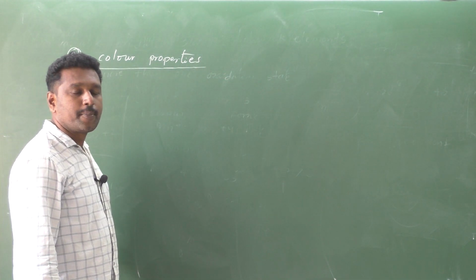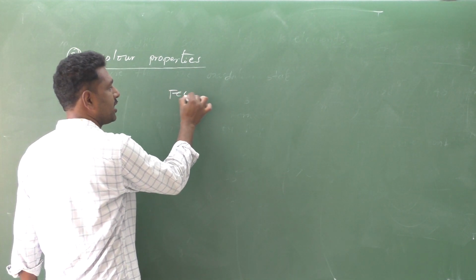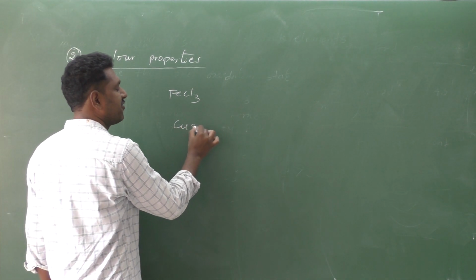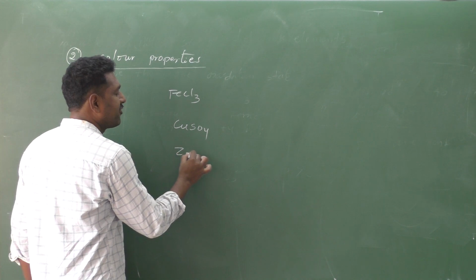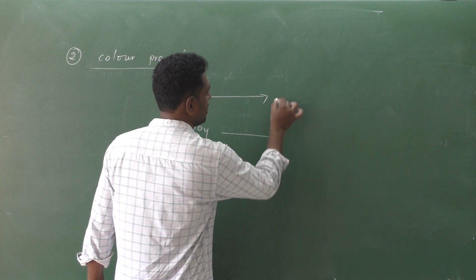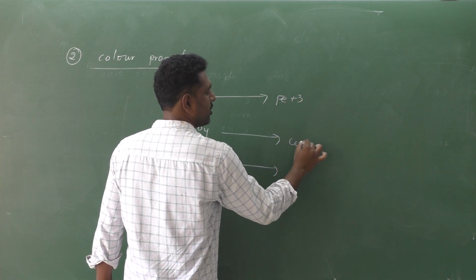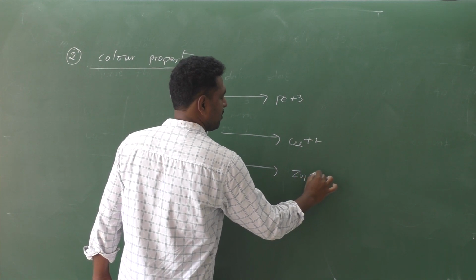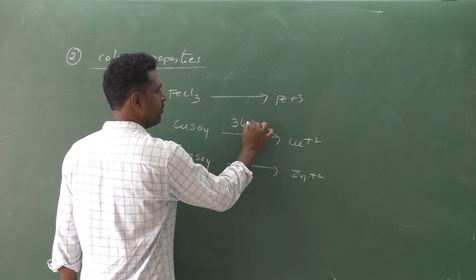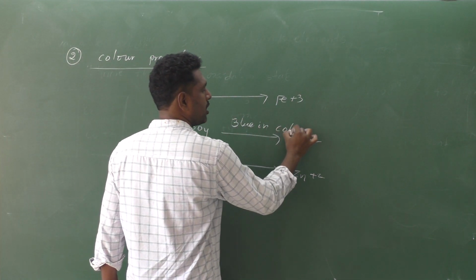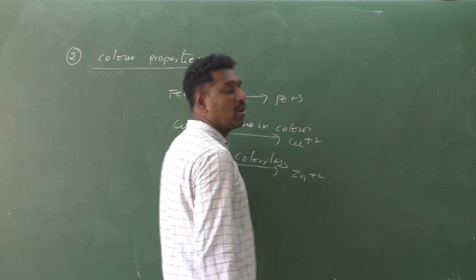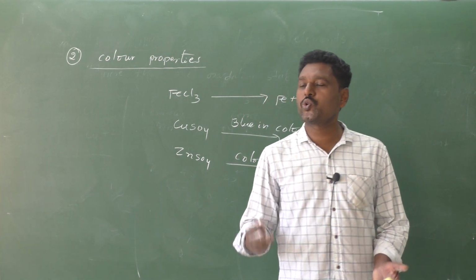For example, FeCl3 is a little bit red in color, and copper sulfate is blue, but ZnSO4 is colorless. When dissolved in water they give Fe plus 3, Cu plus 2, and Zn plus 2 ions. For example, aqueous copper sulfate solution is blue in color, but zinc sulfate solution is colorless.